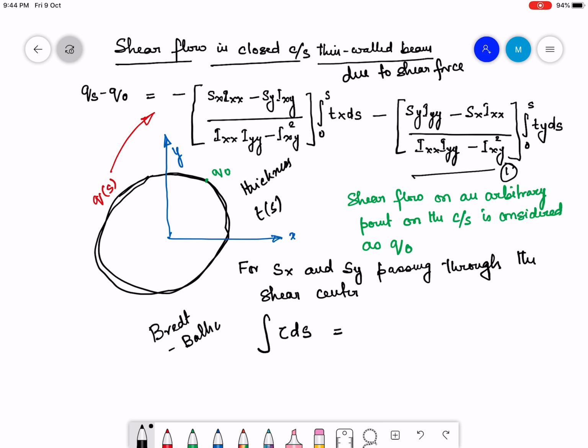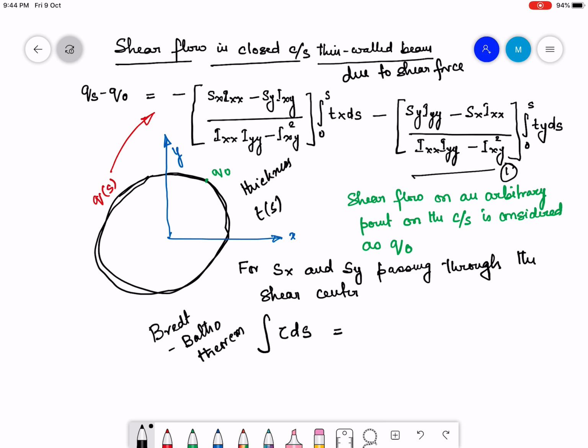We have applied Bredt-Batho's theorem for torsional moment. Now understand that Sx and Sy are passing through the shear center, so they are not going to produce any torsional moment. The shear flow that develops in the cross section because of Sx and Sy is entirely due to the shear force, and there is no torsional moment component in it.